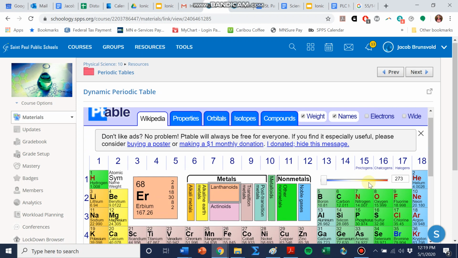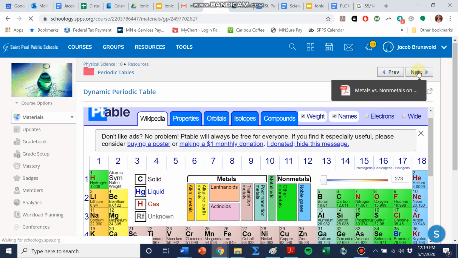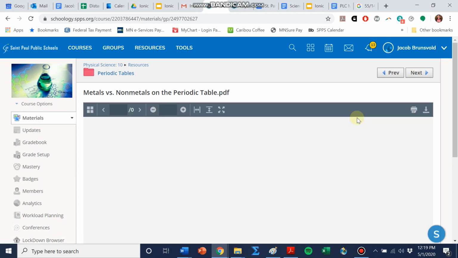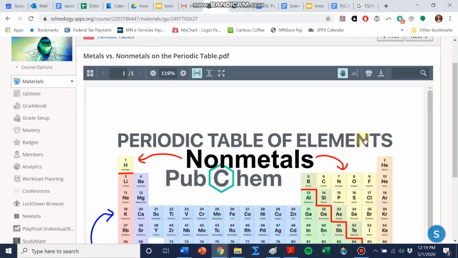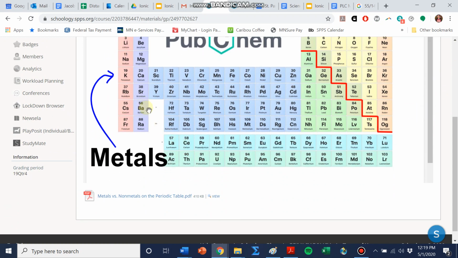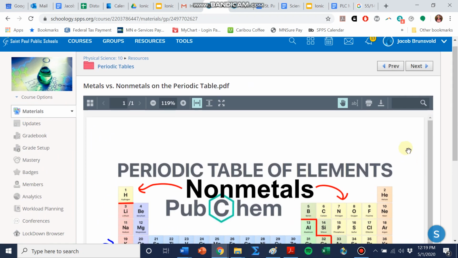A lot of neat features. You can click around on some of them, see what some of them do. Okay, next is nonmetals versus metals on the periodic table. This is one that we made a couple lessons ago. And if you look here, it shows where the nonmetals are and where the metals are.